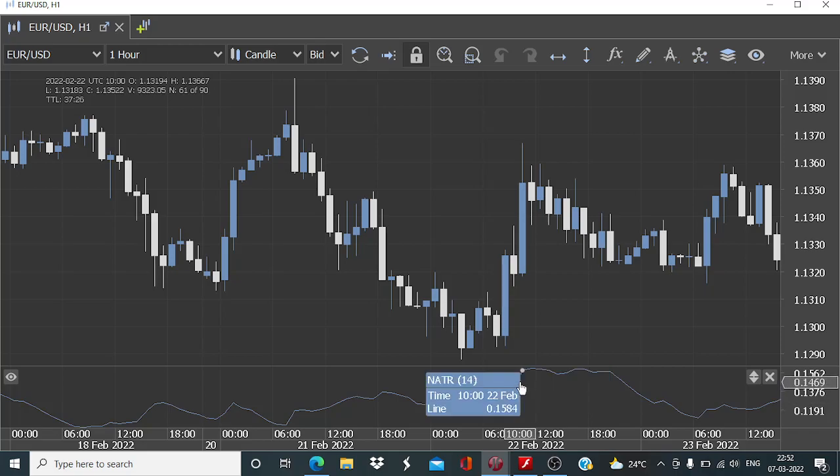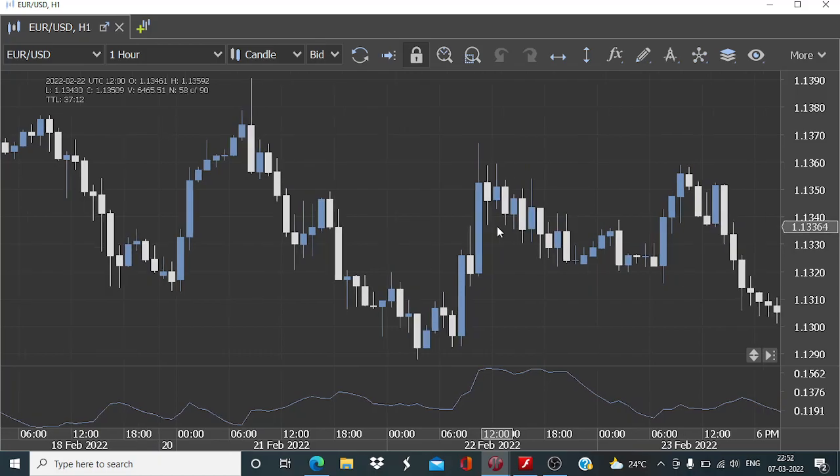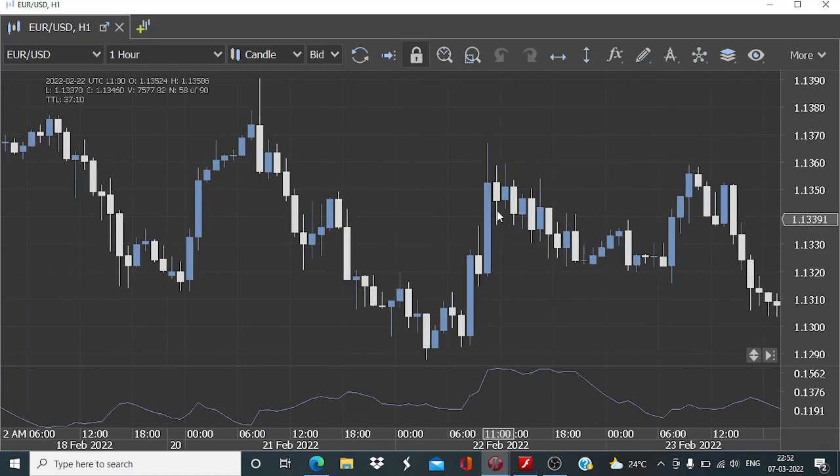Not here, but at 10 GMT, the difference indeed rises more than 0.02 compared to the 9 GMT. So at 10 GMT, the conditions are in place, and here the trade execution will happen.